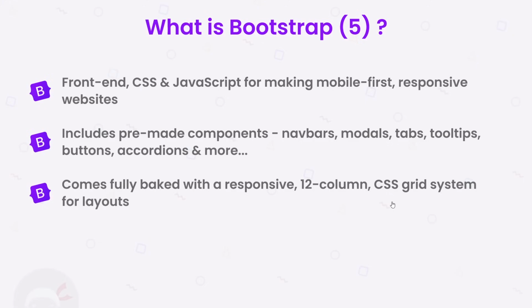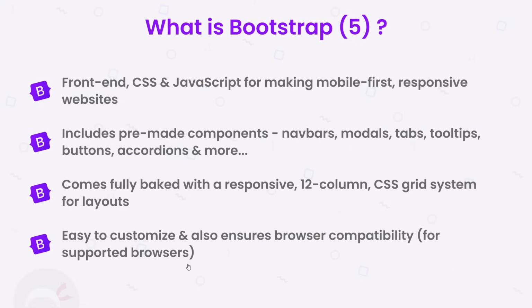And all this means that we can pretty quickly create nice-looking, interactive websites without having to write a single line of CSS or JavaScript. It's also really easy to customize Bootstrap too, meaning if you don't like some particular styles, like the default theme colors for example, you can change them to something that you do like.